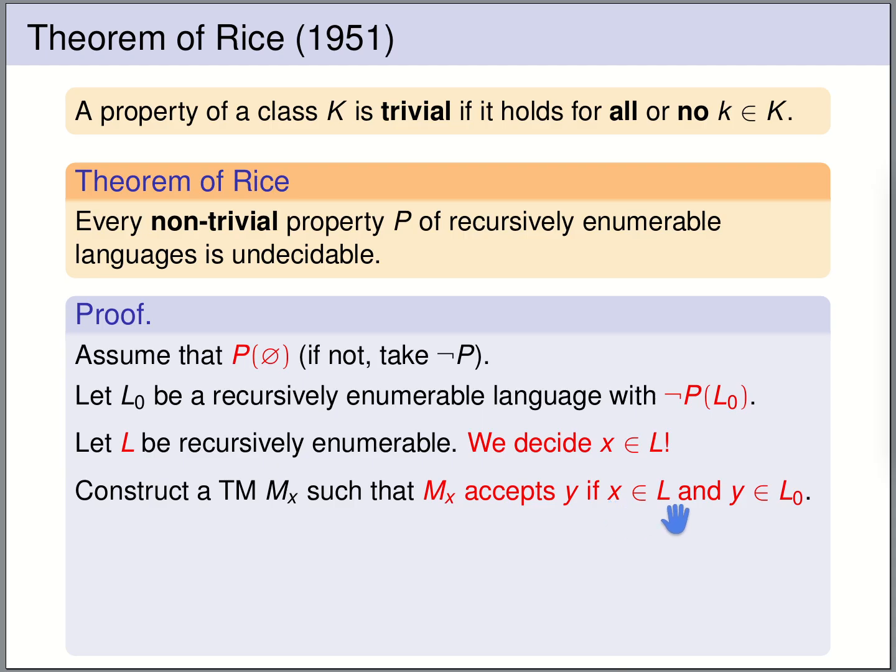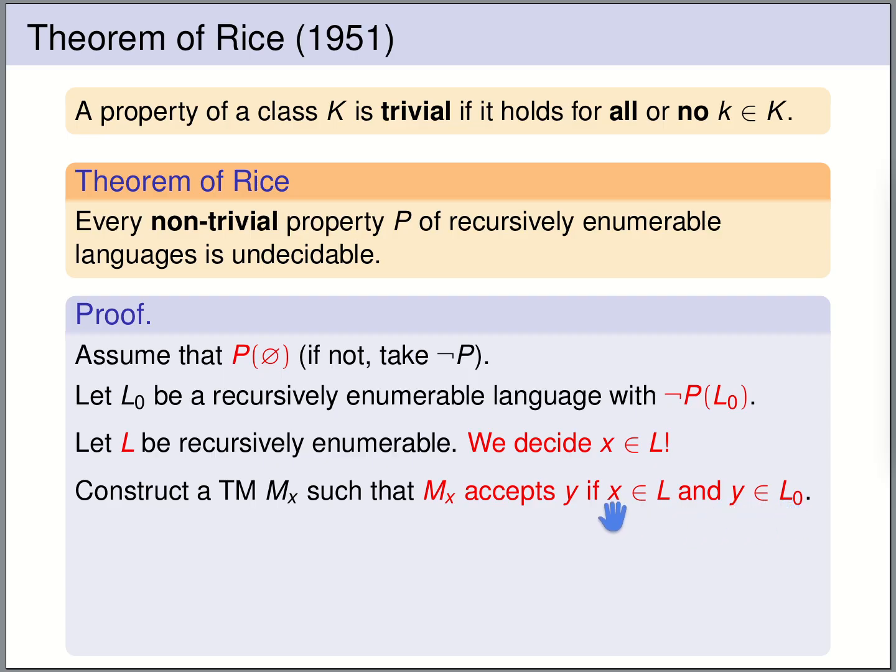This first check whether X is in L is actually independent of the input Y. So only if this Turing machine halts and says yes, then we are going to check whether the input Y is in L0.